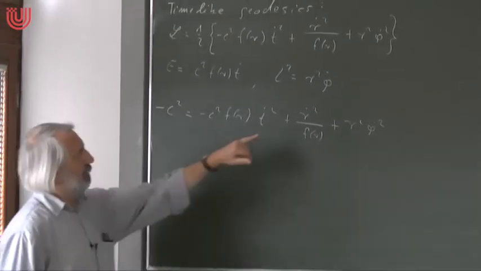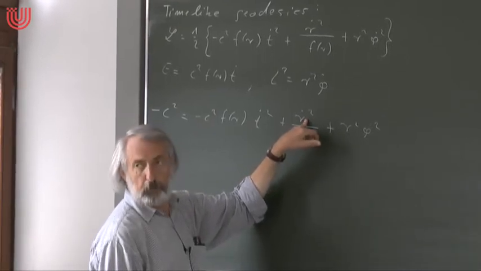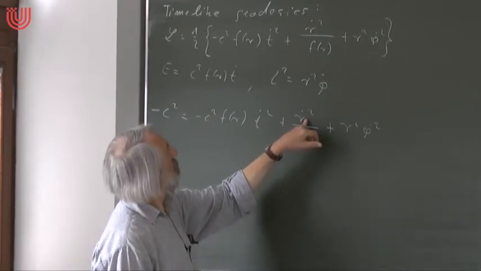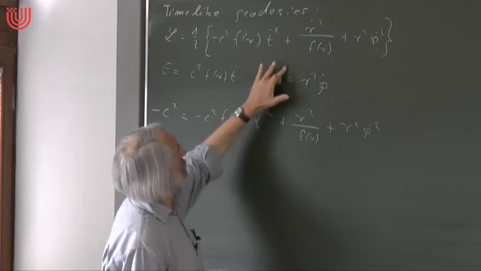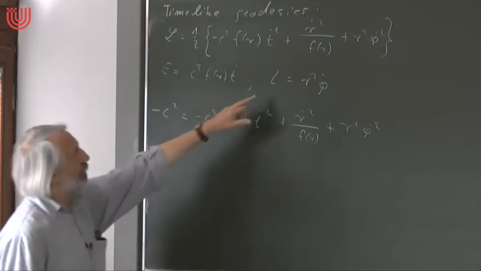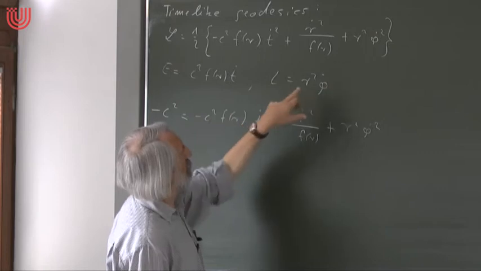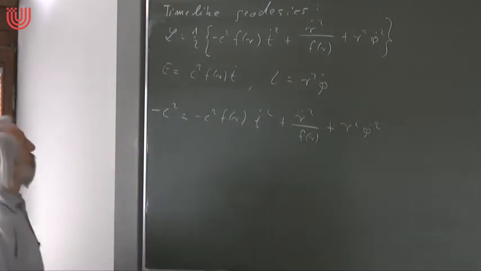And the quantity I'm interested in is the r dot squared. Is it L squared? This is L, sorry. Here is the square. The L is defined just as the derivative of the Lagrangian with respect to phi dot, and that's what I calculated here.